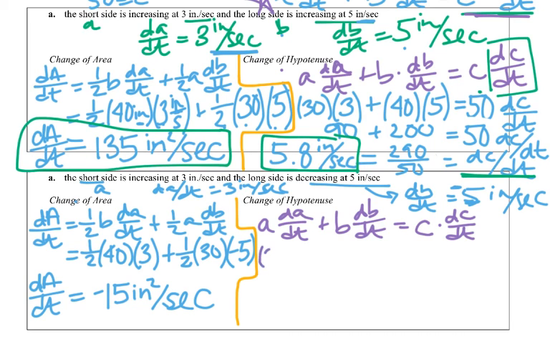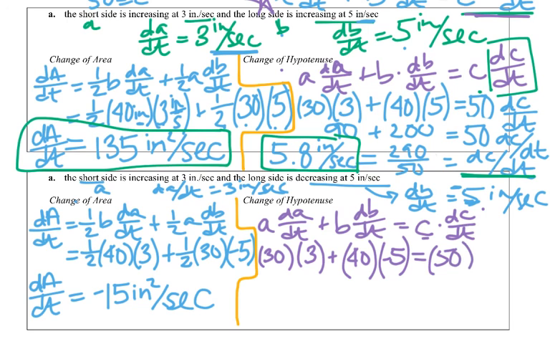Okay, A was the short side, so 30 times the change in A, which is 3 inches a second, plus B, the long side, which is 40, times the change in B over time, which is negative 5, equals the hypotenuse C. We found the hypotenuse was 50 times dC/dt. And of course, dC/dt is the change in the hypotenuse. That's what we're solving for.